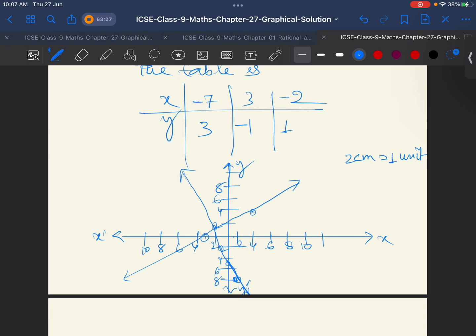Minus 7 3 is here, 3 minus 1 is here, and minus 2 1 is here. So now we draw the line.